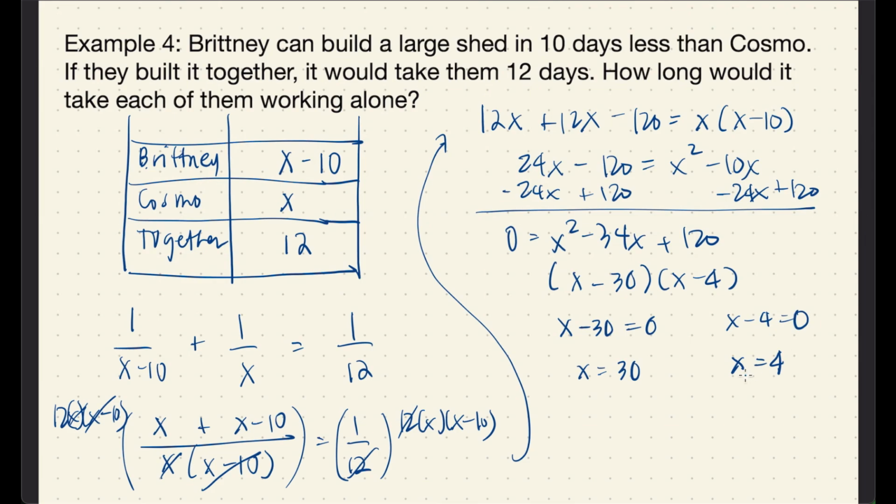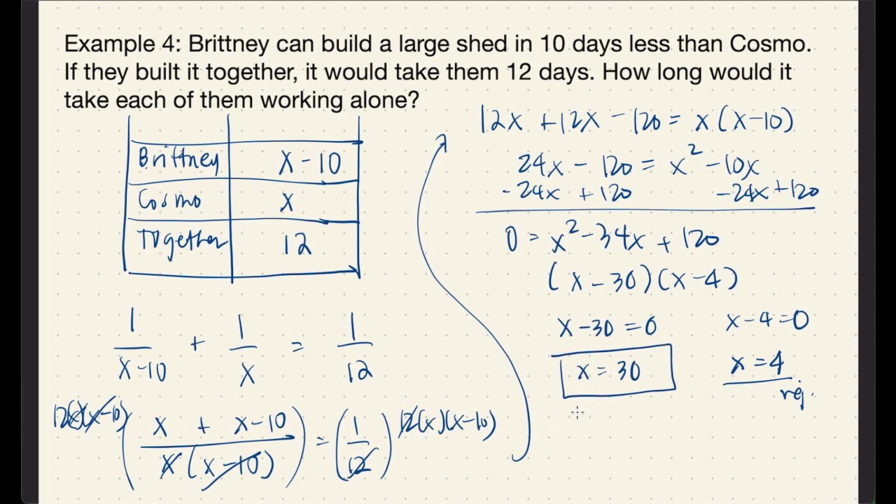If Cosmo will take 4 days to finish it, Brittany can finish it in negative 6 days. So since it will not make sense that Brittany can finish it in less than zero days, or instantly, or even time traveling or whatnot, we can't take x is equal to 4. We will reject this option, but we will accept 30.